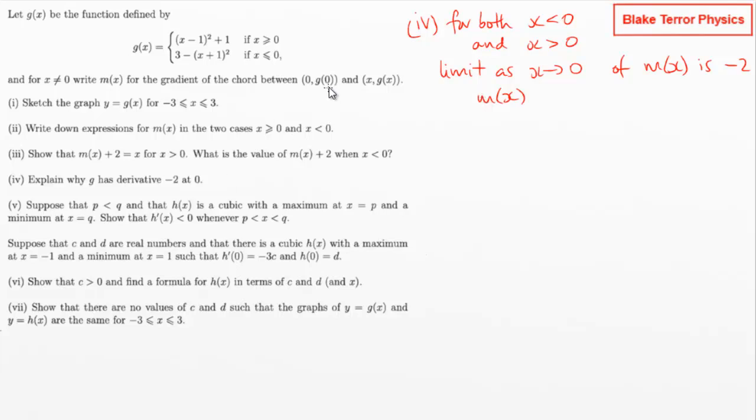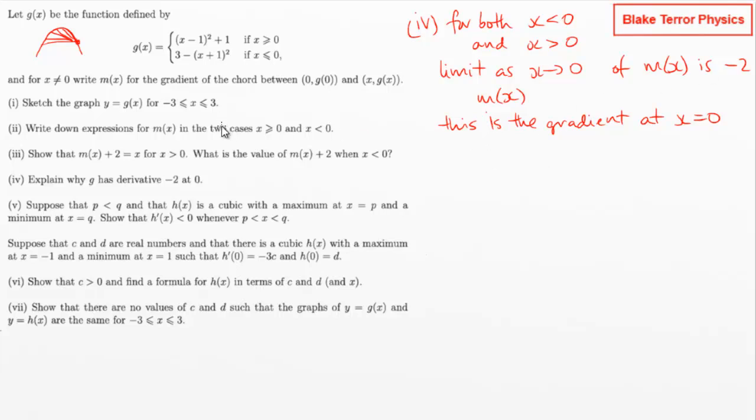If you think of what this chord is doing, we've got some fixed point there, we're drawing these chords in, and the chords are getting closer and closer to that point. And this is the gradient at x equals 0.